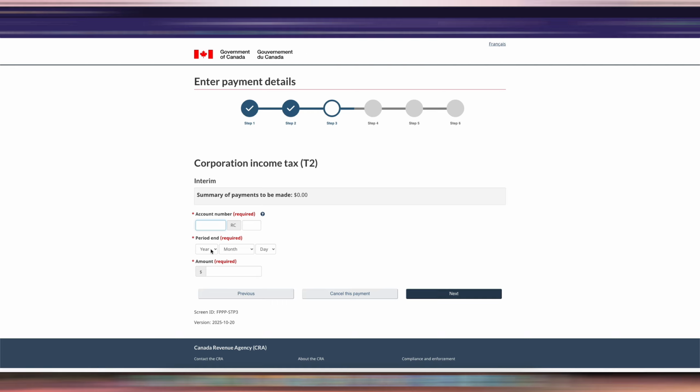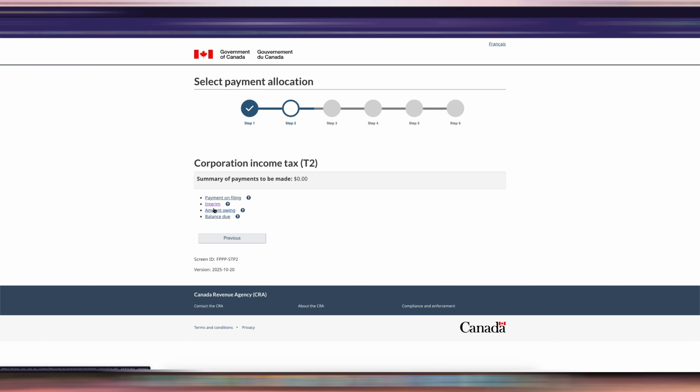I'm just going through all the options because I get this question all the time. But in terms of, oh no, if I click the wrong thing, like if I click amount owing instead of balance due, what's going to happen? Does that money disappear? No, it doesn't. It will go to the correct tax account. You will not need to pay twice.